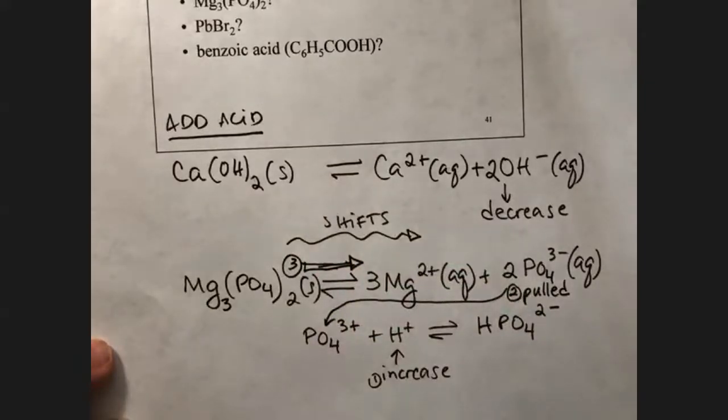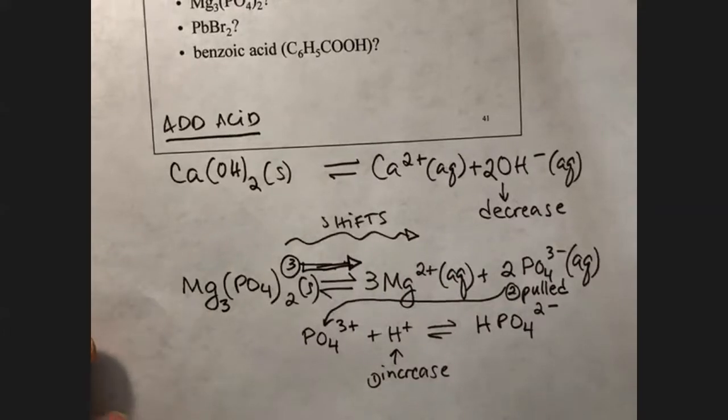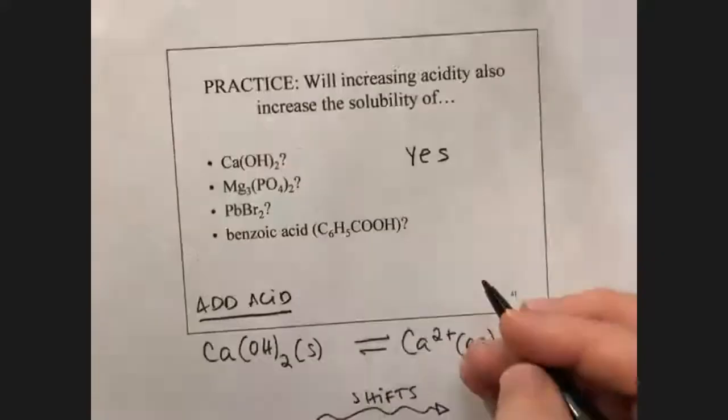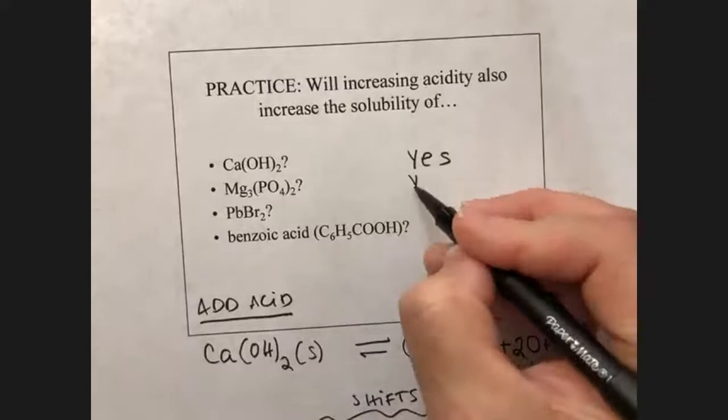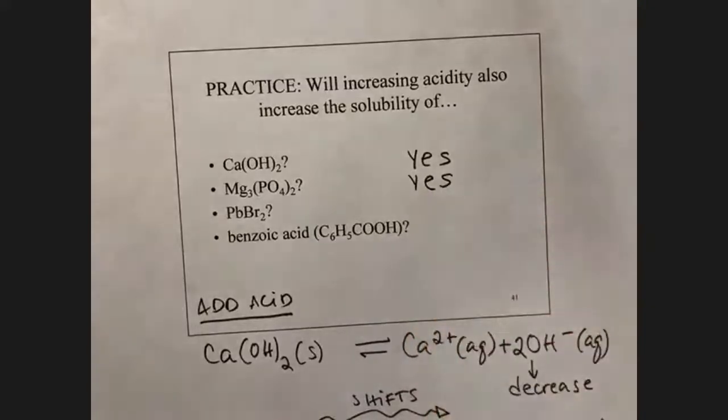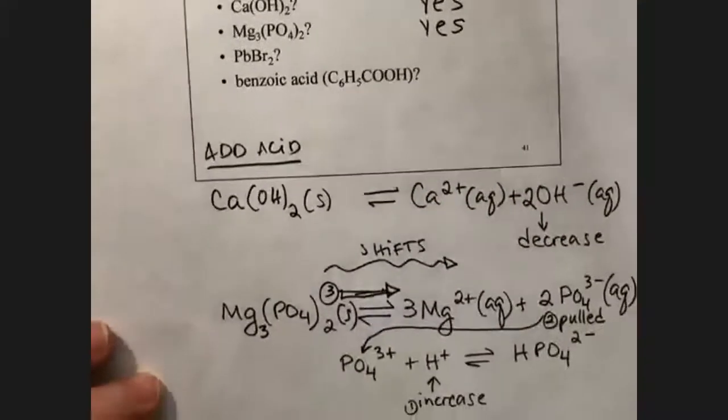In other words, more of the magnesium phosphate is going to dissolve. Notice the trick here. You had to be able to recognize phosphate ion as a potential conjugate base of a weak acid, right? Just remember, just an H of a difference, right? So we would say therefore that for magnesium phosphate, yes, putting acid would help dissolve it.